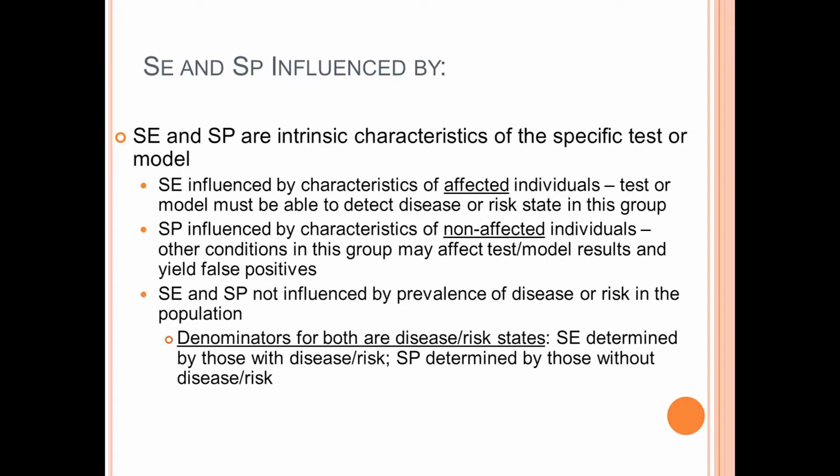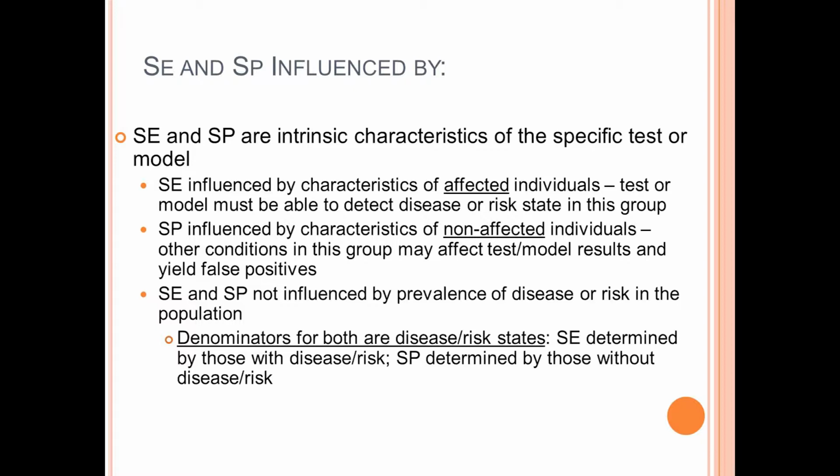So specificity and sensitivity are intrinsic characteristics of a specific test. Sensitivity can be influenced by characteristics of the affected individuals. So you want a test that can identify or detect to some extent the disease or the risk state in this group.